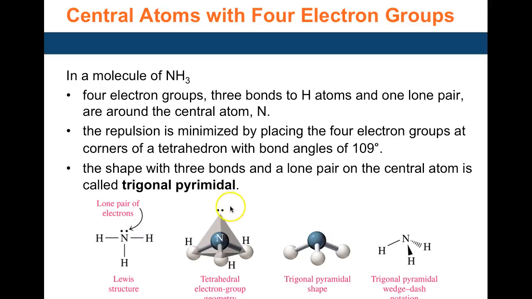Again, remember, a lone pair occupies a lot of space, so it pushes down on these bonded pairs of electrons, all right? So they get pushed in. So again, instead of the nice tetrahedral shape, this becomes like a trigonal pyramidal shape, all right? The geometry looks more like a pyramid, all right? So this is called a trigonal pyramidal shape, okay? Now, the bond angle is not quite 109, it's less, it's around 107 degrees, all right?